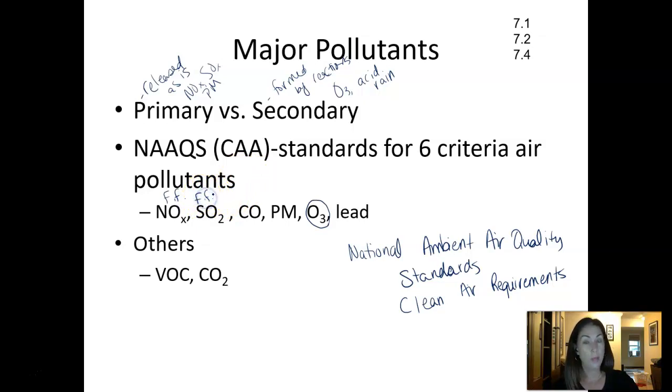Both of these will act as a respiratory irritant that can affect human health directly, but alternatively they will also lead to the creation of acid rain. Now carbon monoxide comes from fossil fuels, and the key thing about carbon monoxide is it outcompetes hemoglobin for oxygen. So it deprives your cells of oxygen and can lead to death.